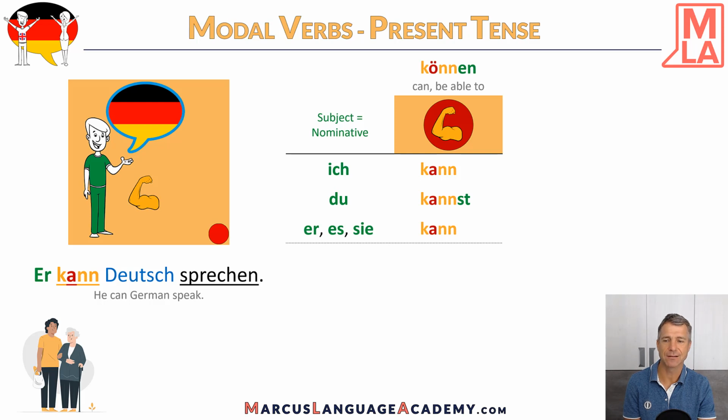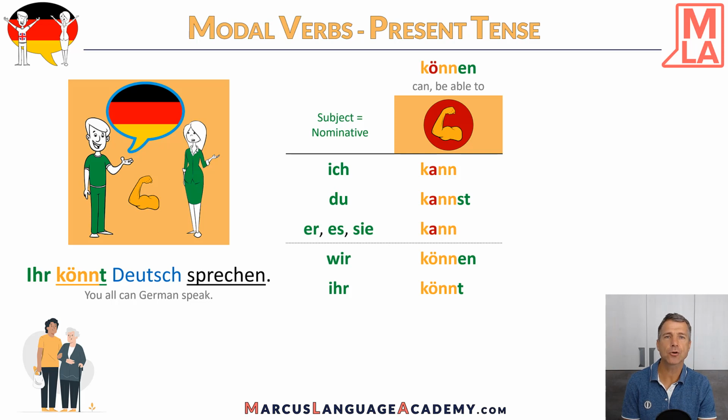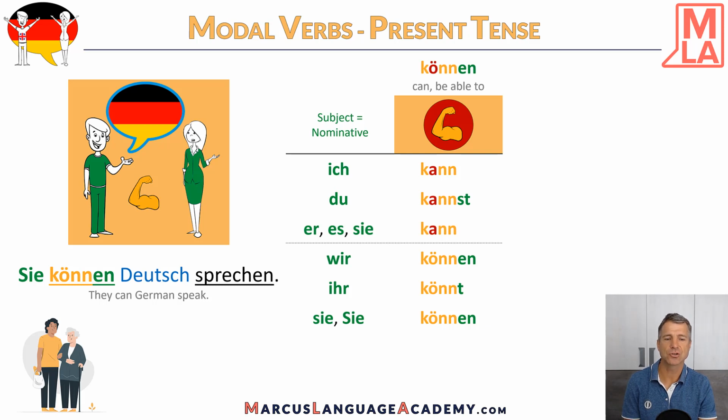And in the plural, interestingly, it gets regular again. Wir können Deutsch sprechen. We add EN like a regular verb and that's it, no change in the root. Same thing for ihr könnt Deutsch sprechen, and sie können Deutsch sprechen.